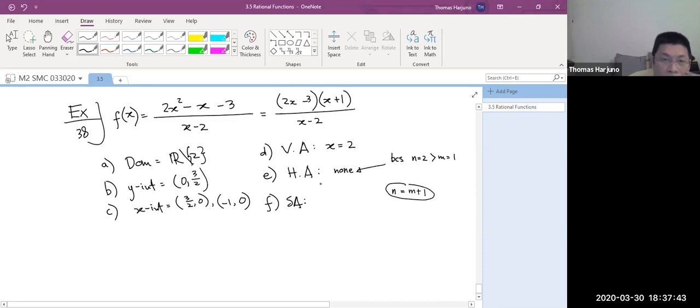Now, how to find this slant asymptote? We divide the numerator by the denominator. Everybody with me? The nice thing is the denominator happens to be in x minus c form, so I can just use synthetic division.